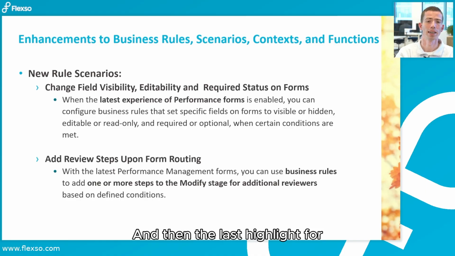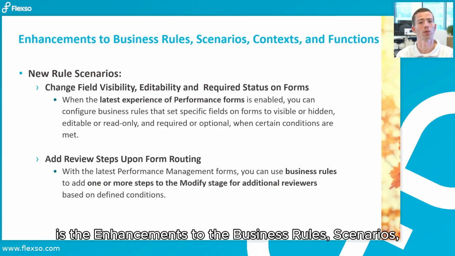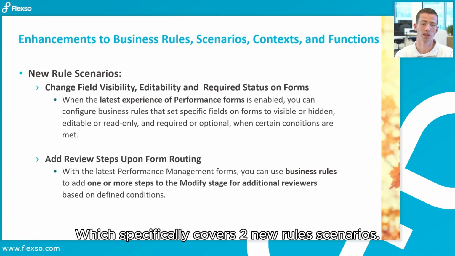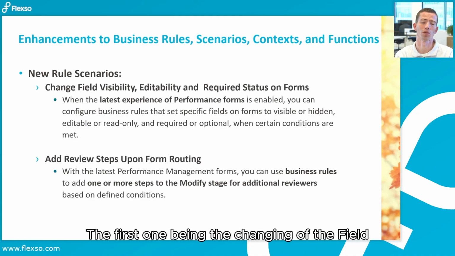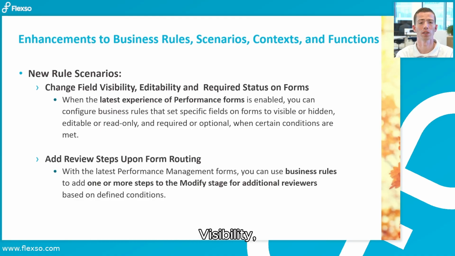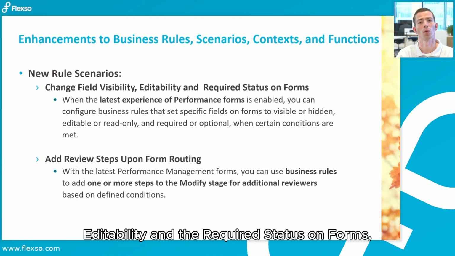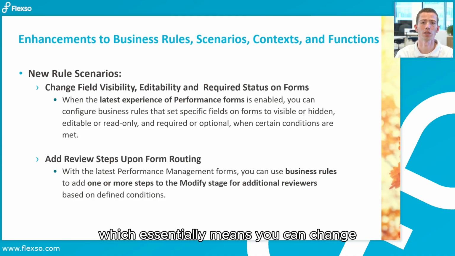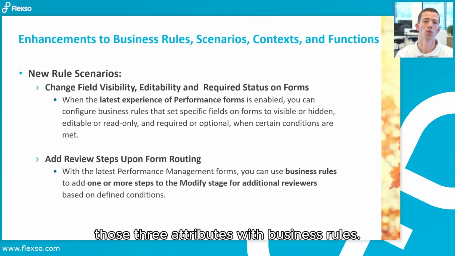And then the last highlight for goals and performance is the enhancements to the business rules, scenarios, context, and functions, which specifically covers two new rule scenarios. The first one being the changing of the field visibility, editability, and the required status on forms, which essentially means you can change those three attributes with business rules.